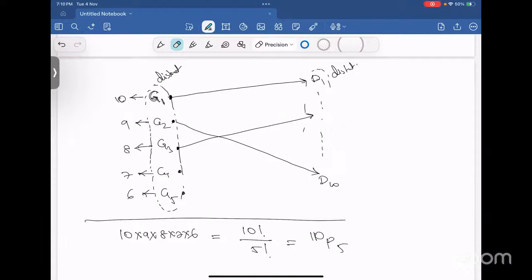Things can happen at the same time, so events can occur simultaneously. If we said you have to fill G1 first, then G2, then G3, then G4, then G5, if there is some ranking or ordering in the places, then events will not occur simultaneously.